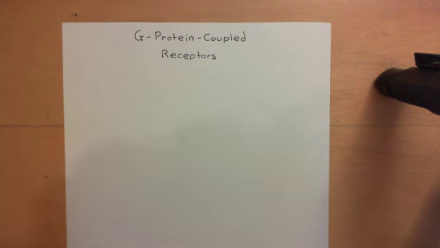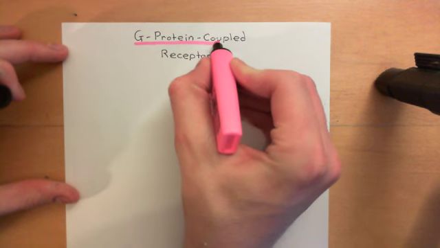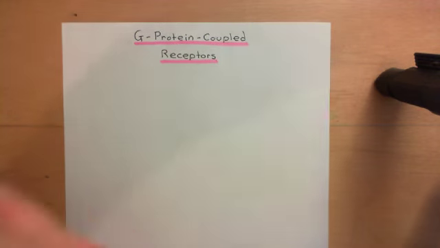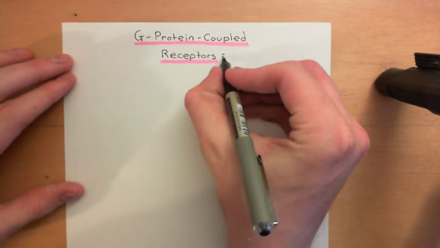Right, so let's start off with the basics then. The first thing that I want to say is that there is a movement within pharmacology to have G-protein coupled receptors renamed.